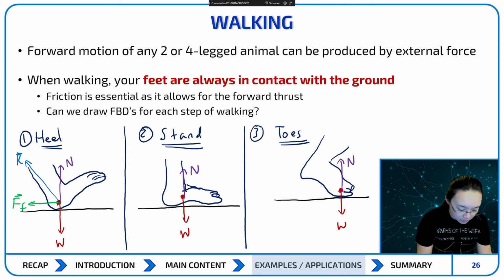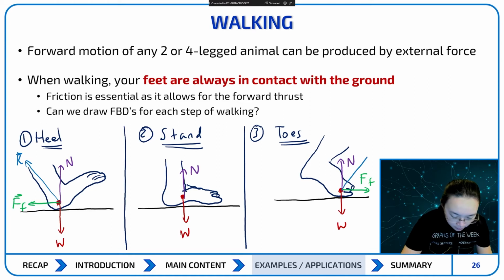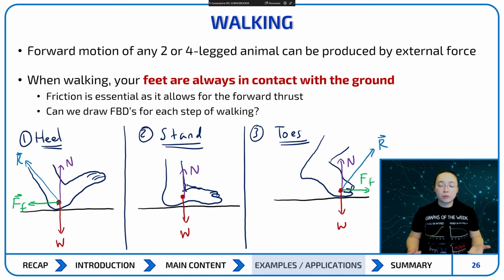So that means friction is going to point here. And so therefore you would get your resultant external force in this direction. So that would be a resultant external force, and now you have the 3 different steps for walking.